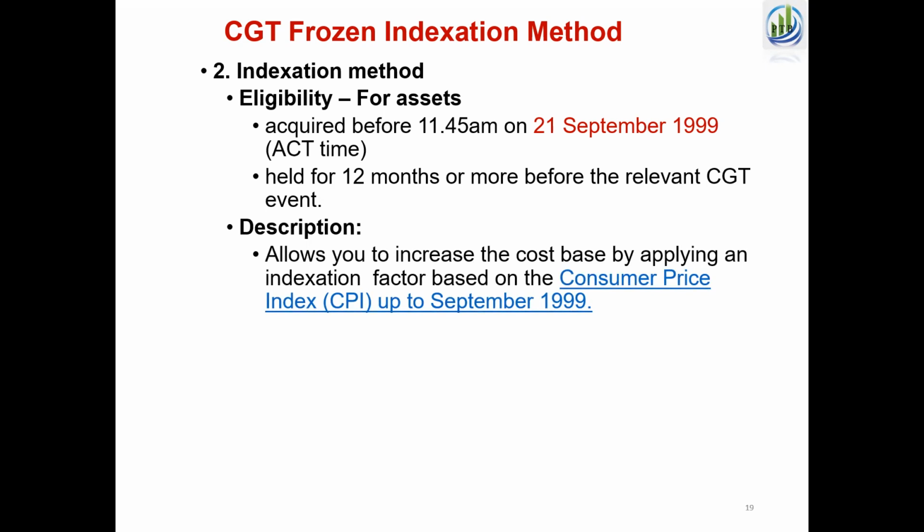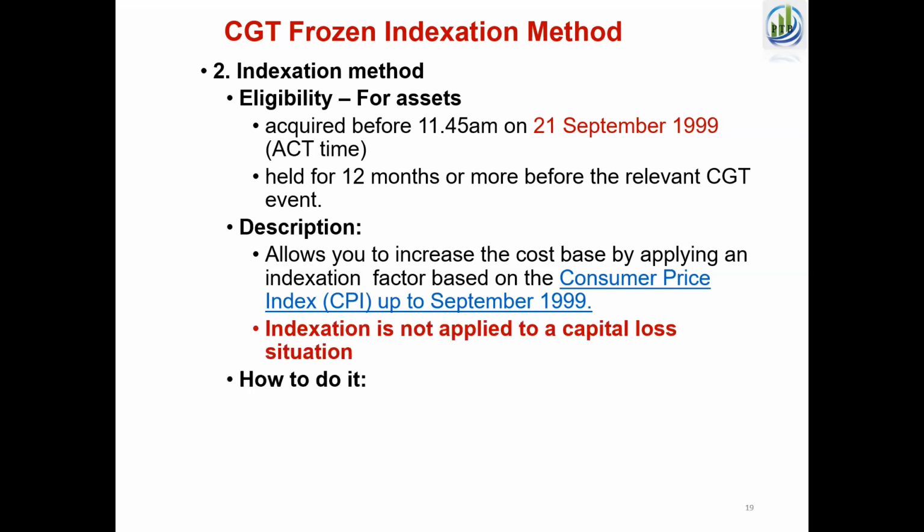Now you cannot, because your purchasing power is down. So you accommodate that purchasing power in your calculation. It's called the indexation method. It allows you to increase the cost base by applying an indexation factor. How we do the indexation factor, we will see in a minute with an example.